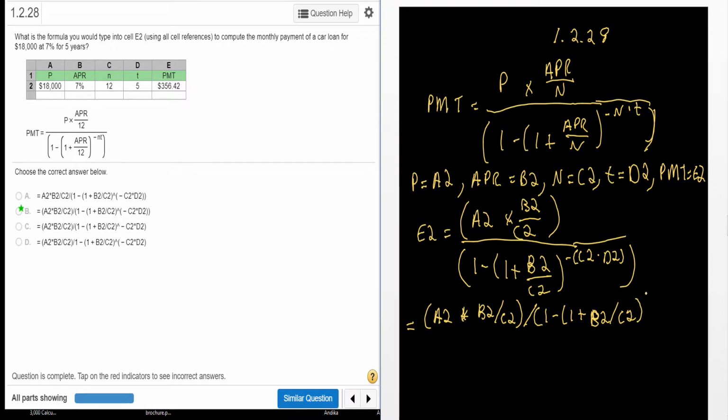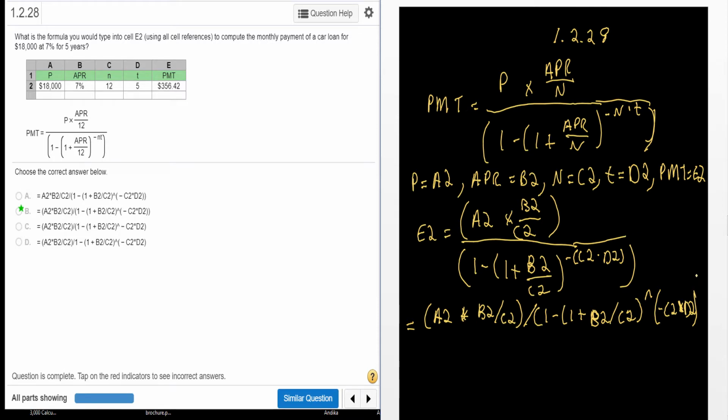I got an exponent. Use my caret symbol there. Negative C2 times D2.